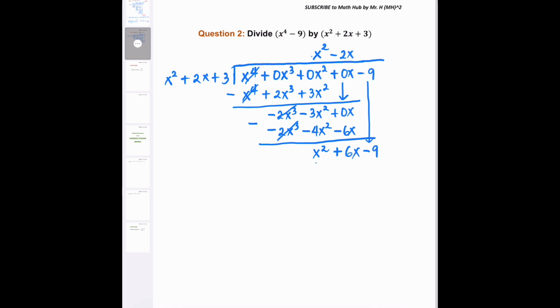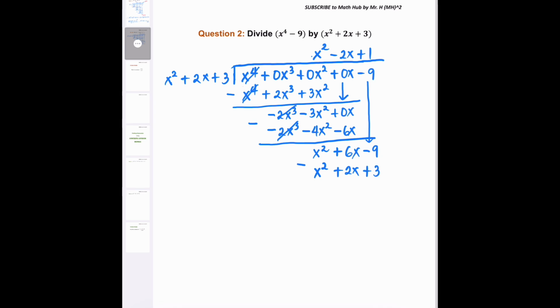Then we divide x squared by x squared, which is positive 1. Then we multiply: 1 times x squared is x squared. Positive 1 times 2x is positive 2x. Positive 1 times positive 3 is positive 3.